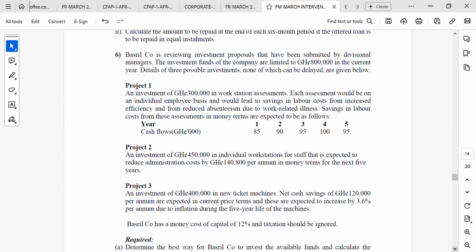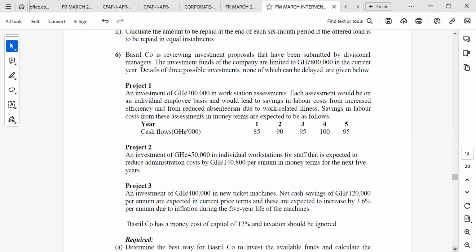An investment of 300,000 in workstation assessment. Each assessment will be on an individual employee basis and would lead to savings in labor costs from increased efficiency and from reduced absenteeism due to work-related illness.